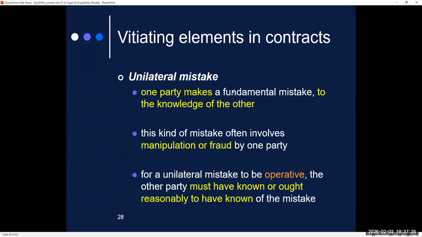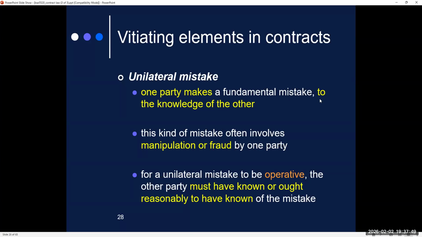Okay, the third type of mistake, unilateral. This one is easier to understand, I hope. Unilateral meaning one-sided, one way. One party makes a fundamental mistake to the knowledge of the other.